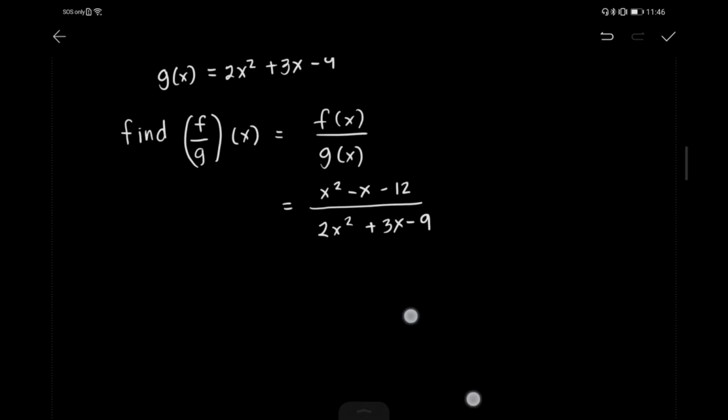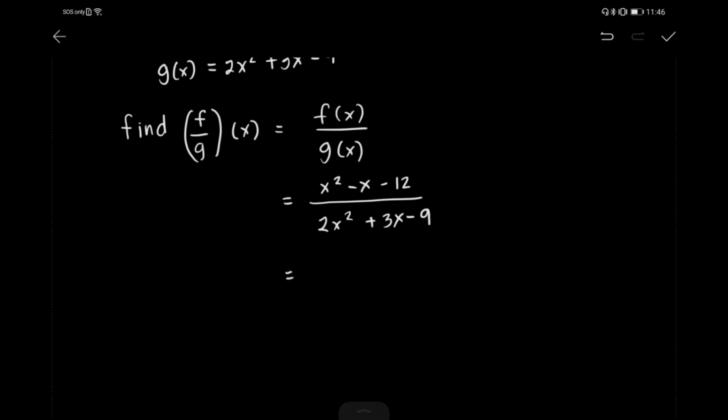So we have to factor our numerator and our denominator. If we factor a quadratic equation, the result is in the form of two binomials, and of course the same thing in our denominator.